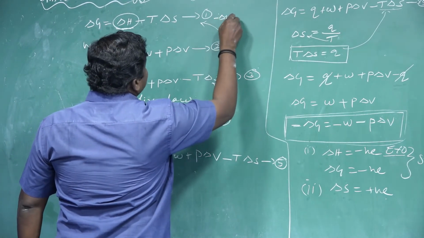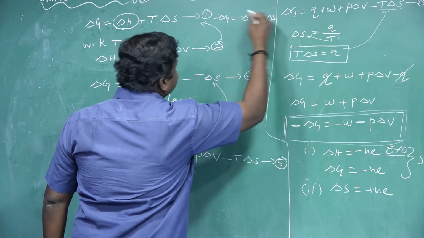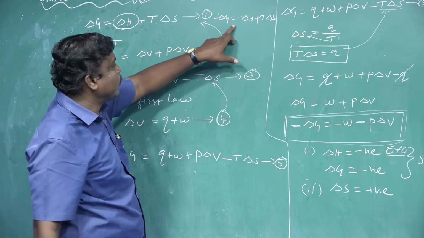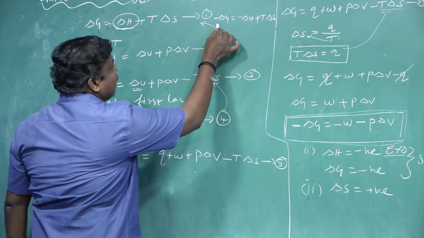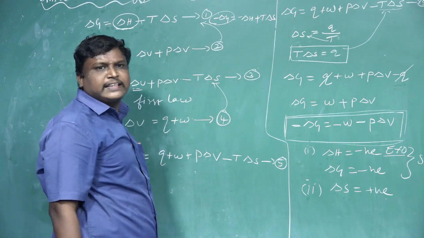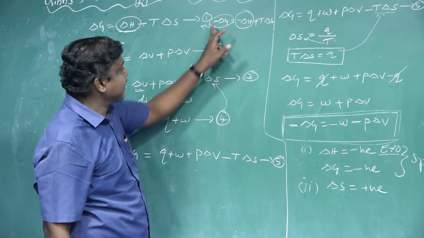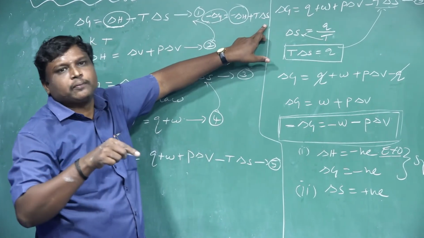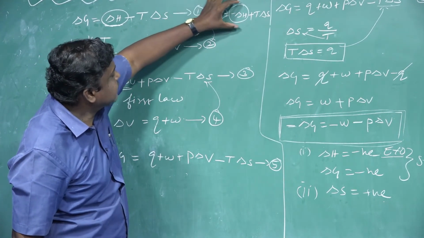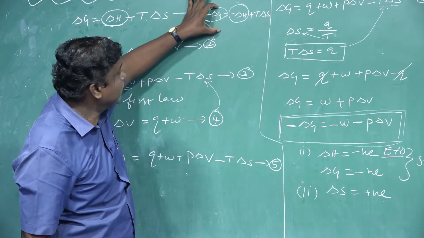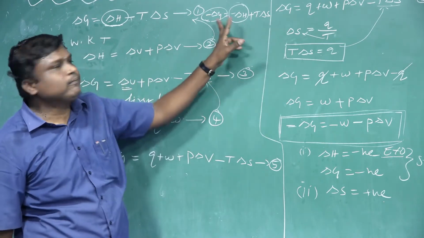Minus ΔG equals minus ΔH plus TΔS. Here the ΔG value is negative, Gibbs free energy is negative, the change in enthalpy ΔH is negative, but entropy is positive. So at all temperatures, the reaction becomes spontaneous.